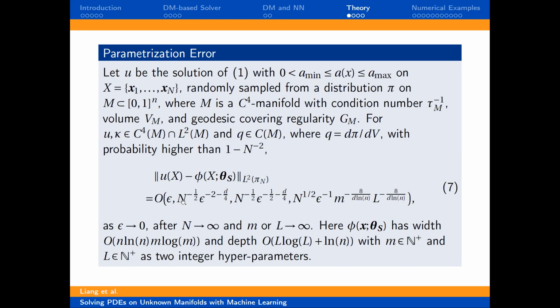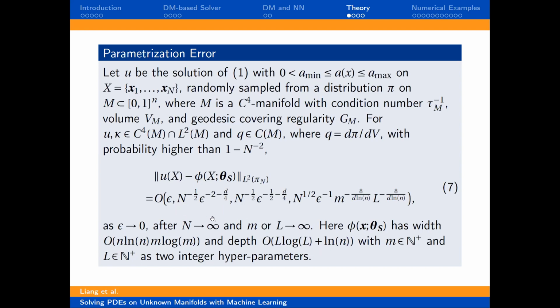Here n is the number of training samples, m is related to the width of the neural network, and L is related to the layers of the neural network.